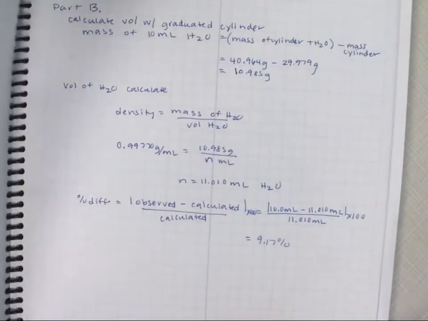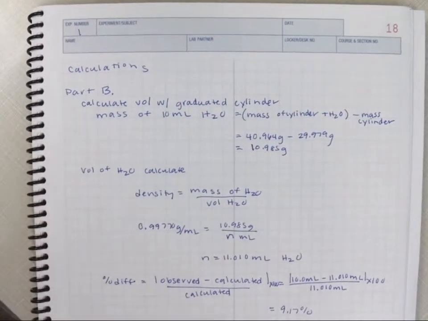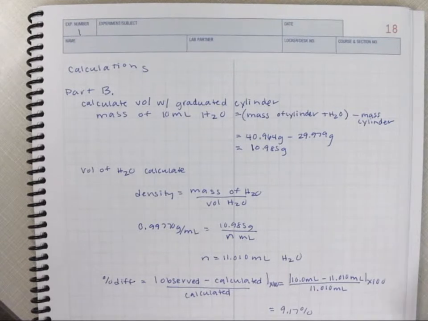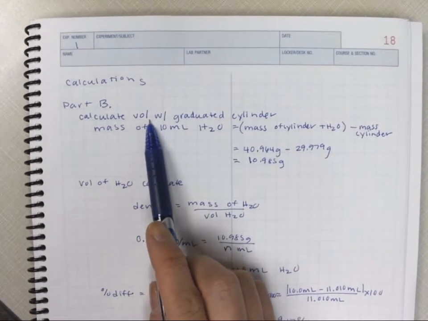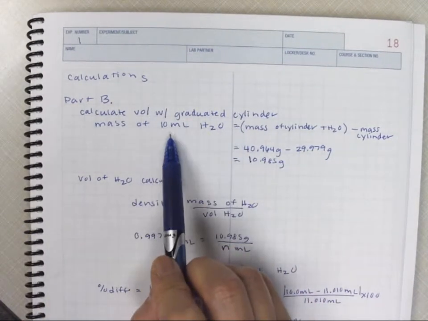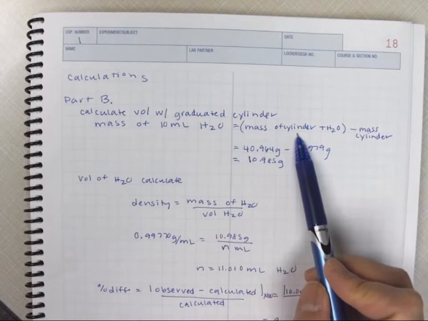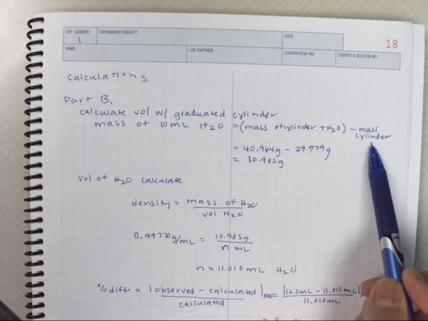So to move on to calculations for part B, these are going to be the same for part B and C. The process is the same, you'll just have different values. So again, I first want to calculate the volume that was measured in the graduated cylinder. The mass of my 10 mils of water will be equal to the mass of the cylinder plus water minus the mass of the empty cylinder.